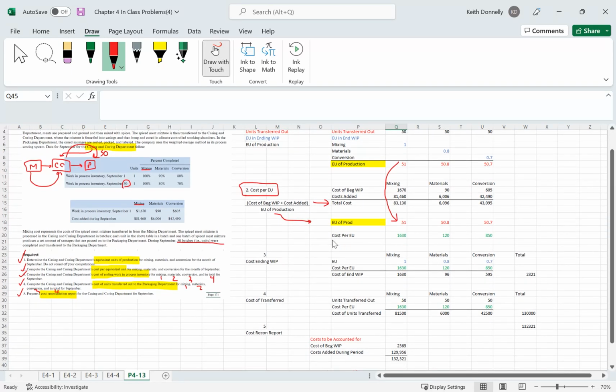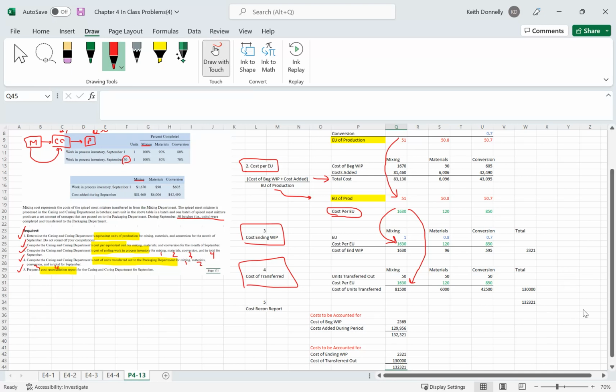Third, we figured out the costs of our ending WIP, carrying down our costs per equivalent unit. Fourth, we looked at the costs of the items we transferred out, again carrying down that cost per equivalent unit.